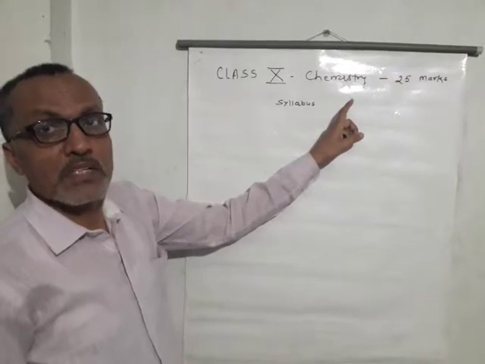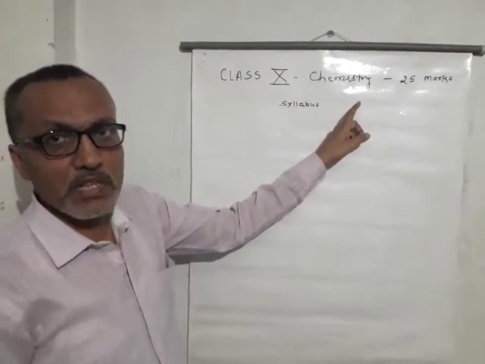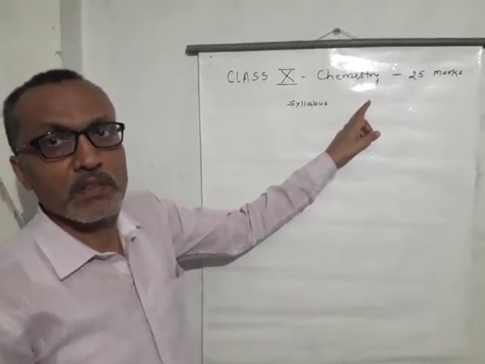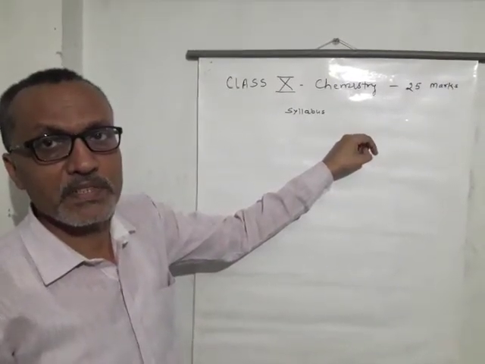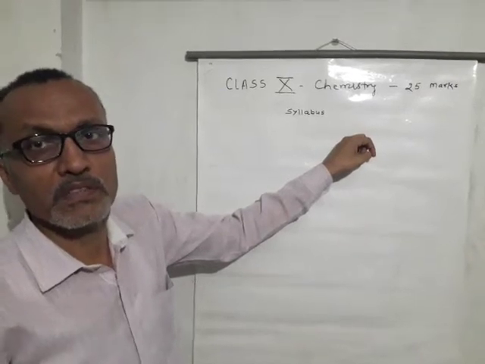Students, in your science paper, as you know, your science paper comprises 3 subjects: physics, chemistry and biology.